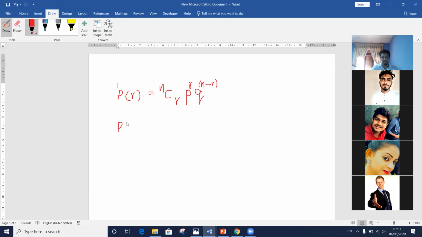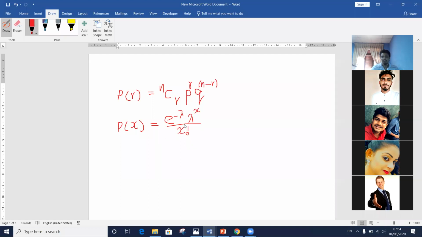Today we have discussed how to find the probability in a Poisson probability distribution. Probability of x number of occurrences equals e to the power minus lambda into lambda to the power x divided by x factorial, right? These are the two formulas we have discussed in order to calculate the probability.